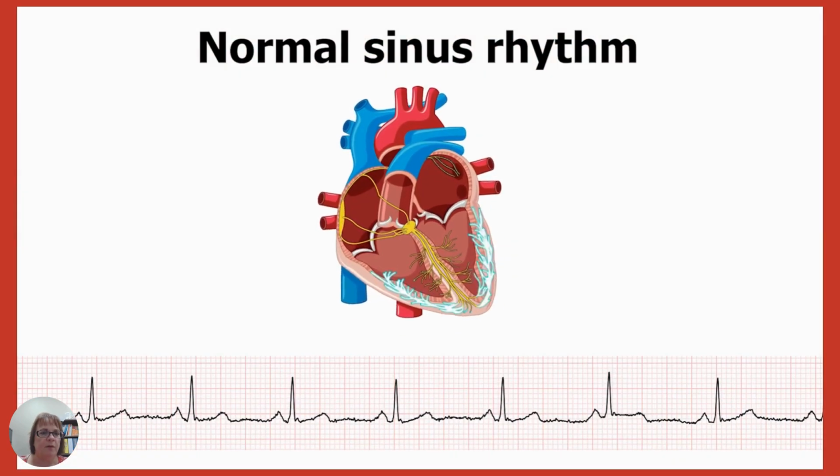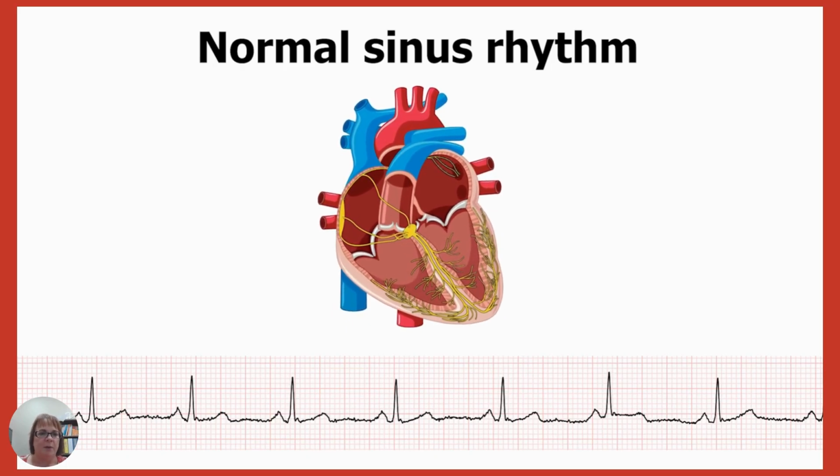So let's talk about some of the rhythms. First one is going to be normal sinus rhythm. So what that means is that the electrical aspect of the heart, the atria pump. They get that message, the electrical goes down the Purkinje fibers, and the heart pumps.